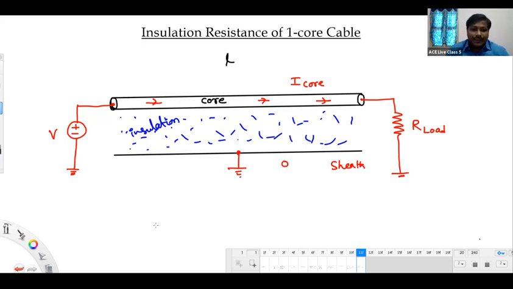We have the direction of the current flow in this manner, and this we will call leakage current.